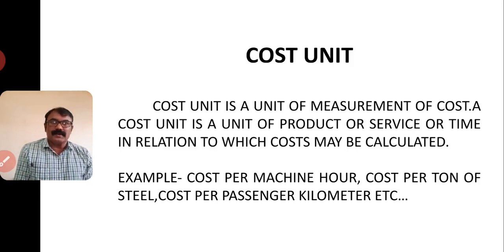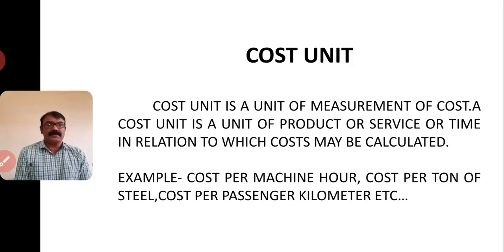For cost ascertainment, we have to go unit-wise. For calculating, we have to see the cost unit, according to product, service, and time. By seeing these factors, we ascertain the cost.